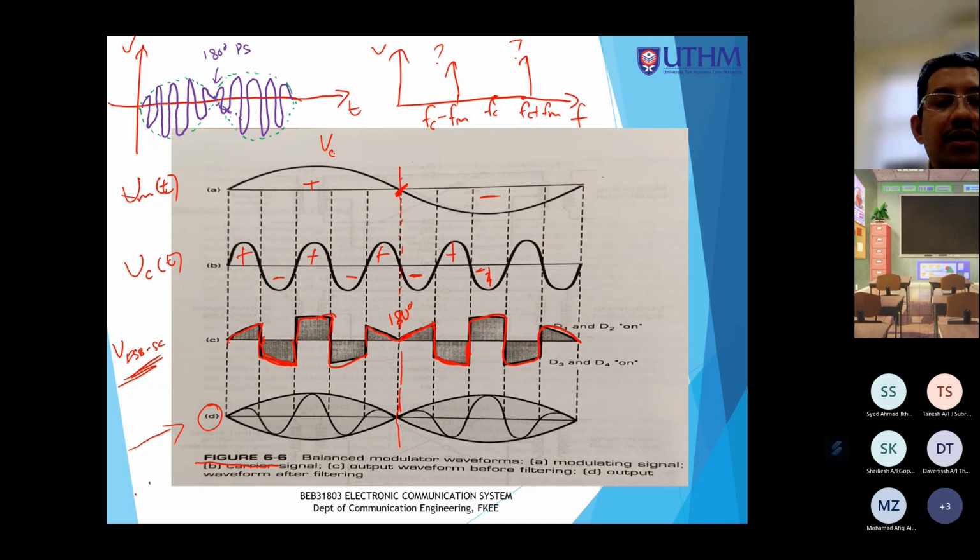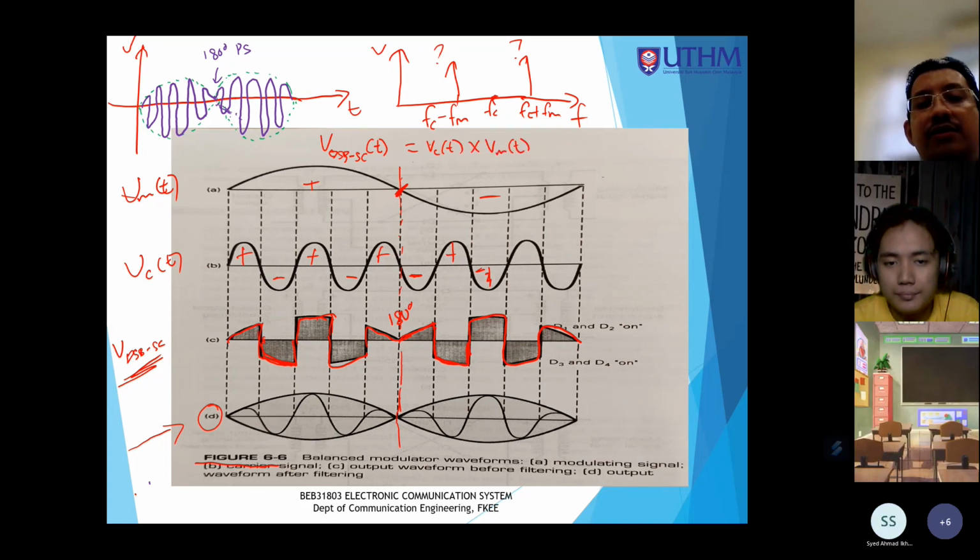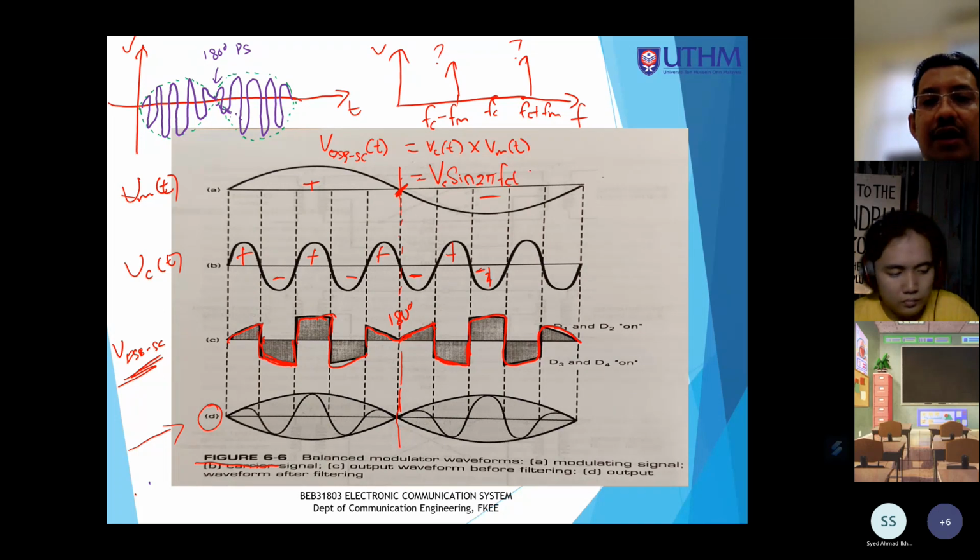So V double sideband suppressed carrier as a function of time is equal to Vc(t) multiplied with Vm(t). Okay, so dia terhasil daripada hasil darab kedua-dua signal ini. Dan kalau you darab dia adalah terdiri daripada Vc sin, so you nak guna cos pun boleh, tidak ada masalah. Okay, sin 2πfct multiplied with Vm sin 2πfmt.